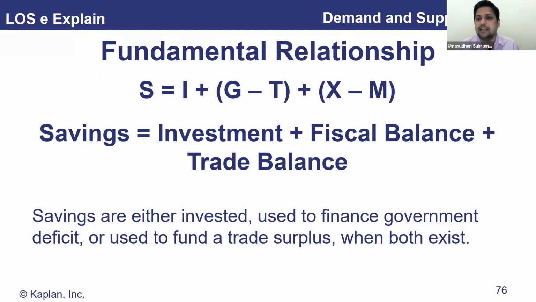So you don't necessarily have to worry about the question that you're asking, but if you have a budget surplus, then that becomes negative. So technically, it means that savings are not funding government deficits. It is the government surpluses that are funding your savings. It works on the other side.